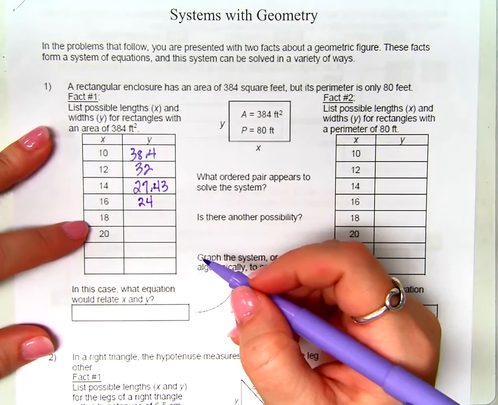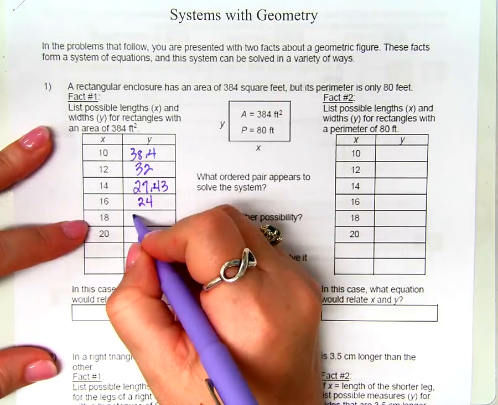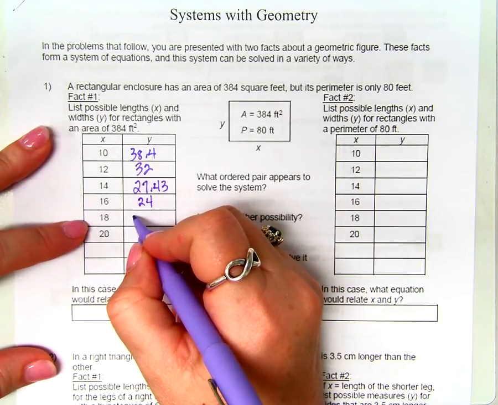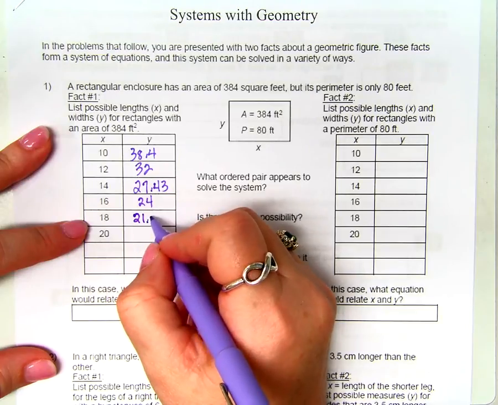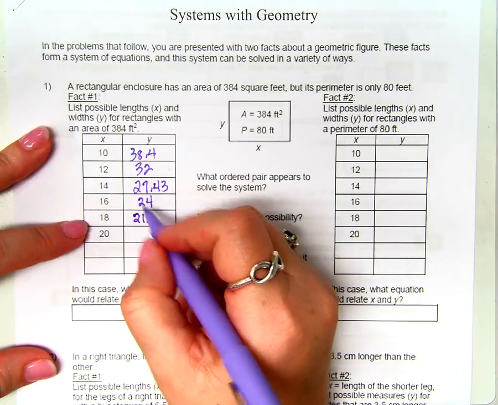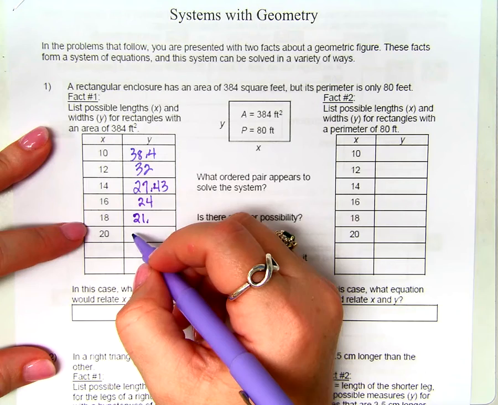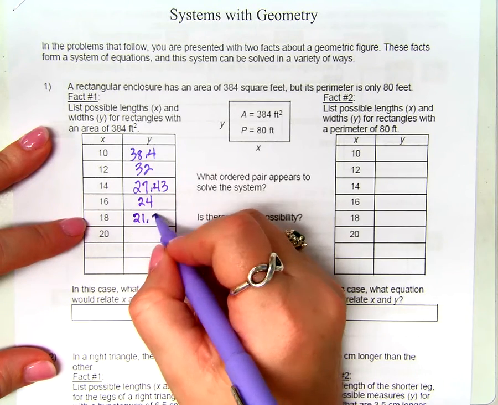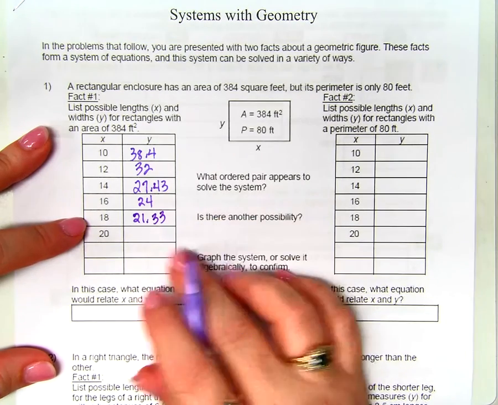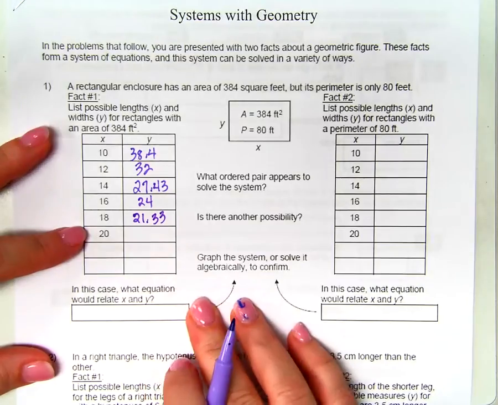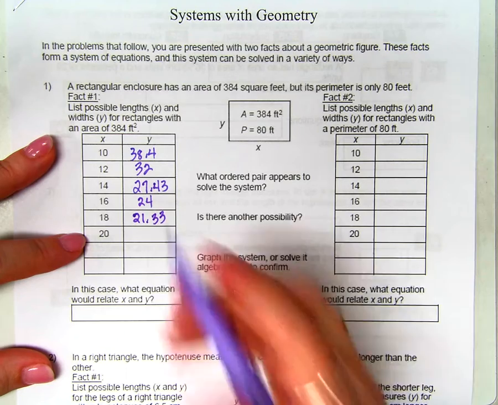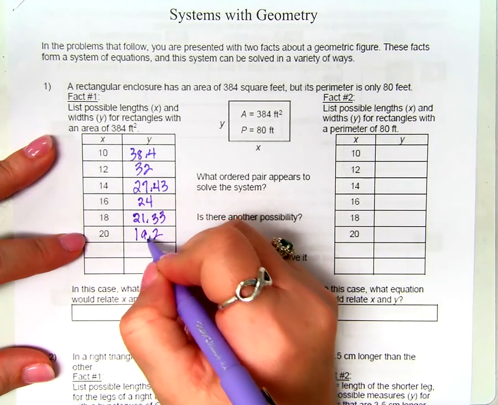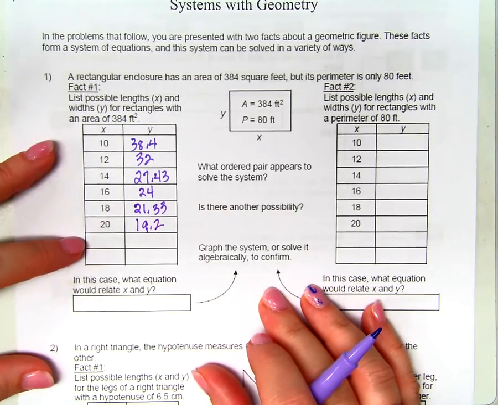If the length is 18, 384 divided by 18 is 21.1, so 21 and 1/3. We've been going with decimals, so we'll keep going with decimals. What about 20? 19. Is that exact or did you round? No, it's exact.